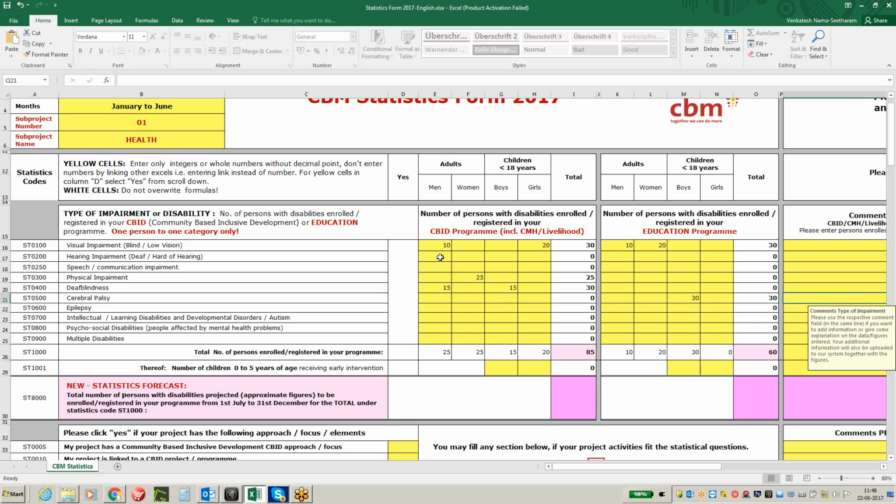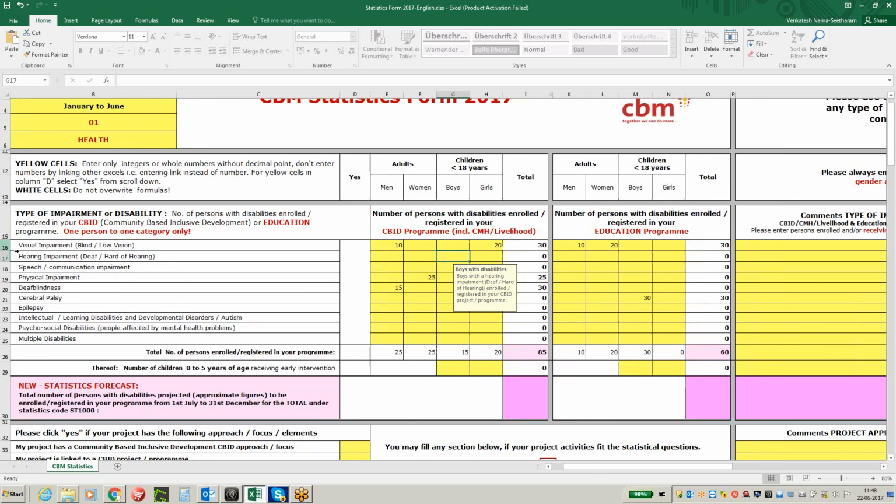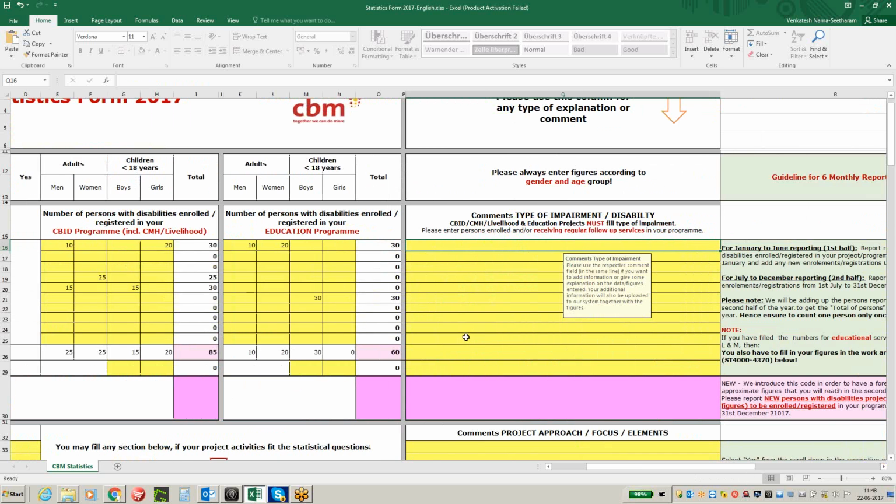If you go to each cell, it will pop up a message about what needs to be filled in. That is very clear in all the yellow cells. And if the partner wants to give some comment for a row, it can be given. This comment also will get uploaded into the Navision.